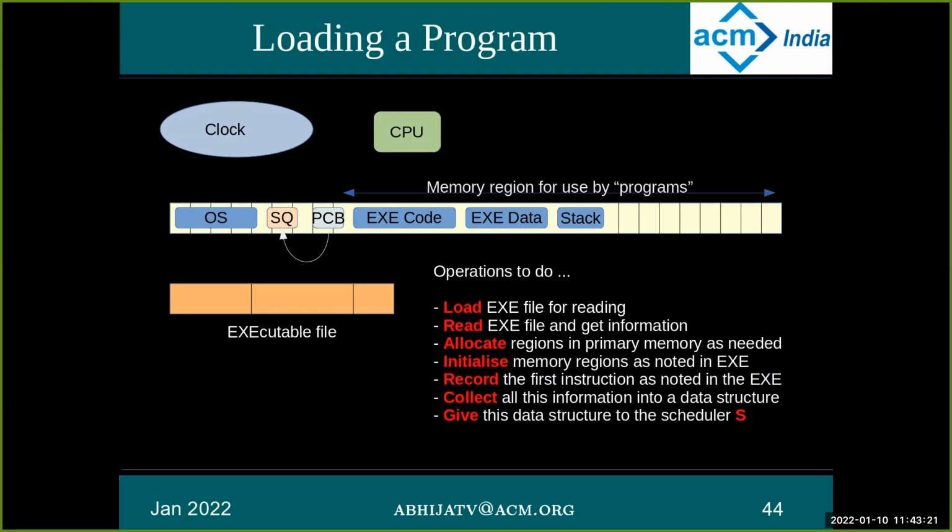And whenever the process gets scheduled, at that point, what's going to happen? The entry point is going to be loaded in the instruction pointer, and your CPU will be made to jump to the first instruction in the executable code. Why? Because it points to the first instruction in the code part. That is how it will begin.